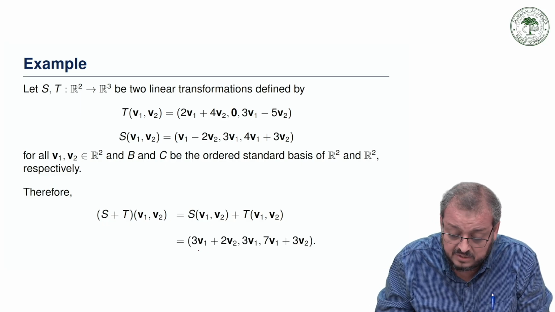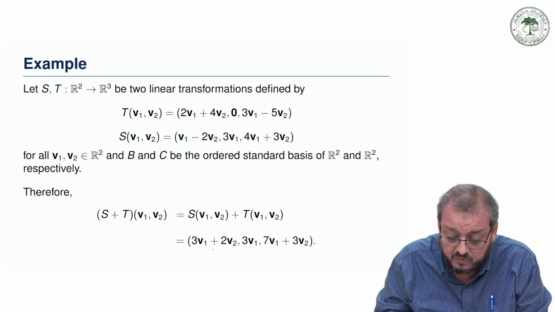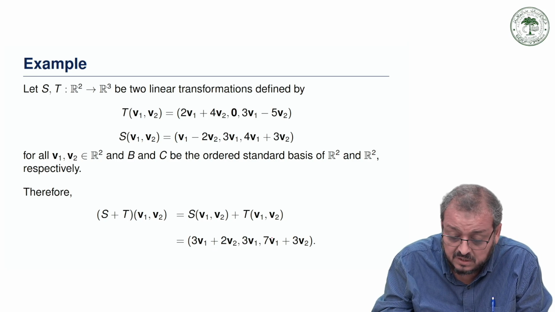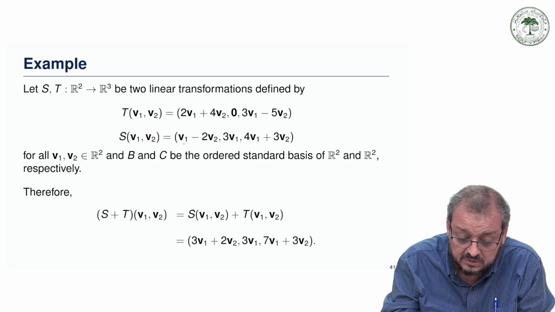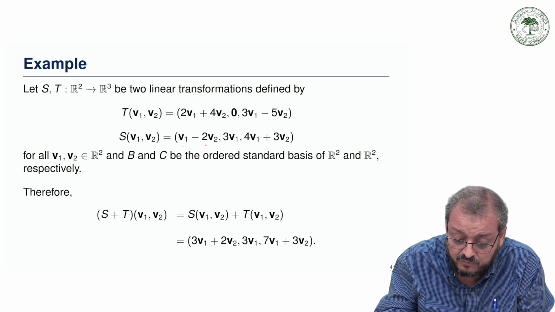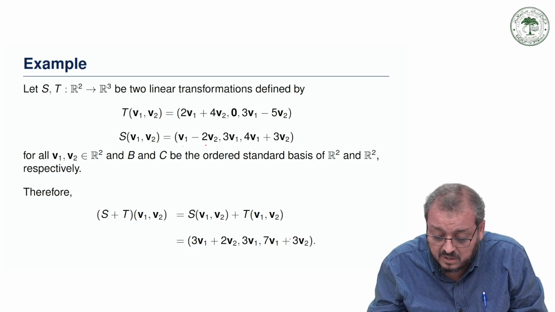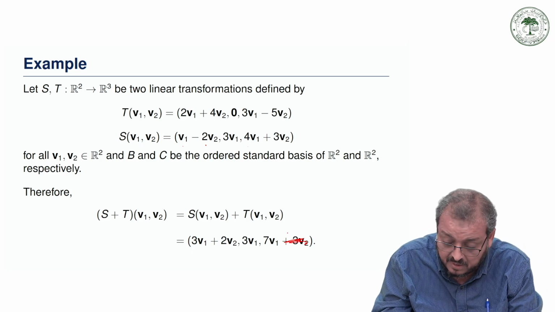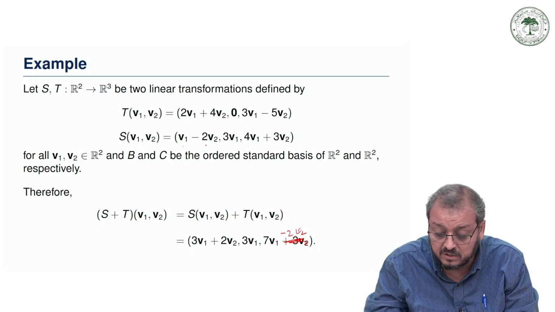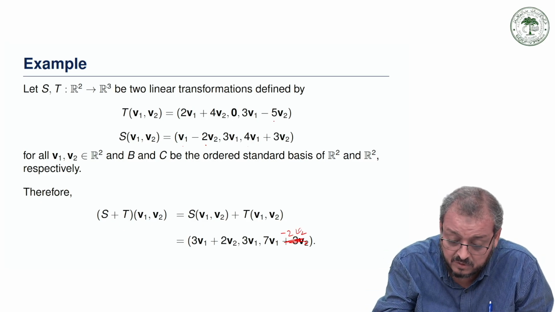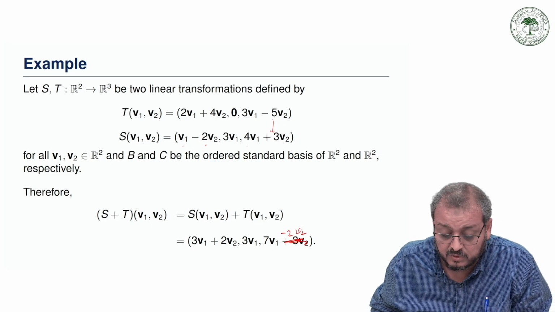Here this should be minus 2 times V2; clearly this was written by mistake, because we have to add these two terms. So the last component should be minus 2 times V2.